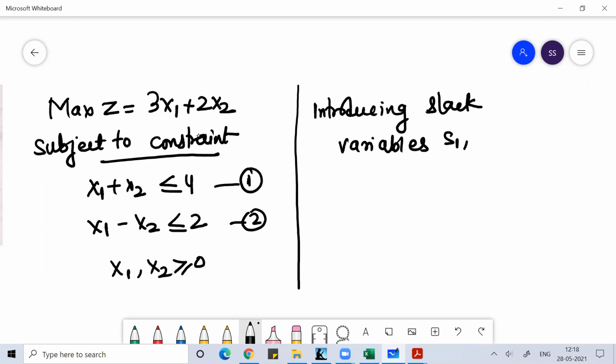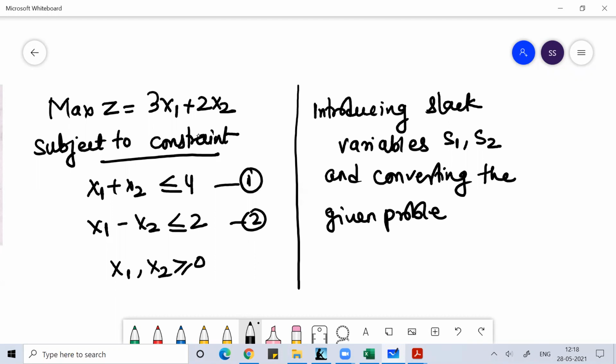You can use S1, S2, or any symbols like A1, A2, M1, M2, X3, X4. So introducing slack variables and converting the given problem into standard form. We'll write like this: converting the given problem in a standard form.